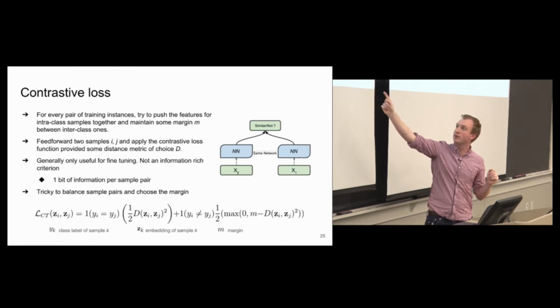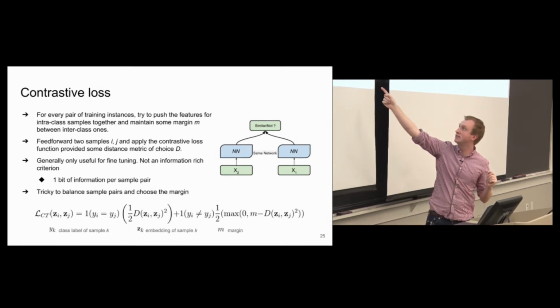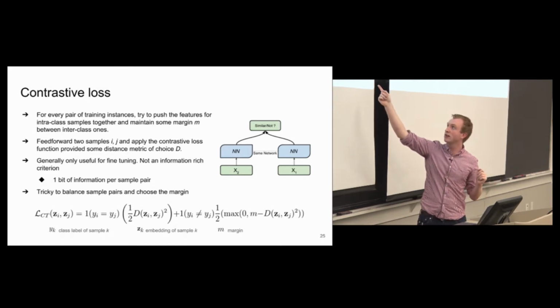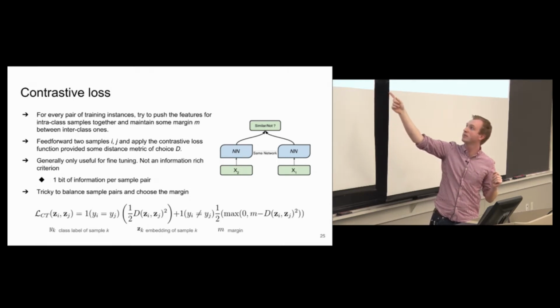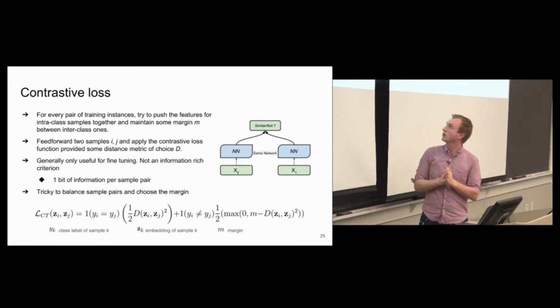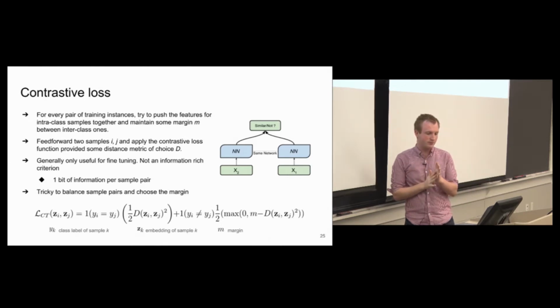Otherwise, if they're not the same class, then we take the max here. If this distance is greater than M, we're not going to penalize. If it's less than M, then we're going to try to push it away.